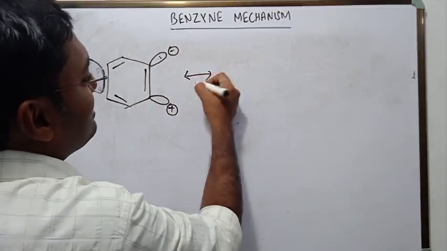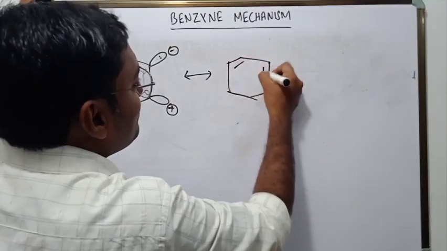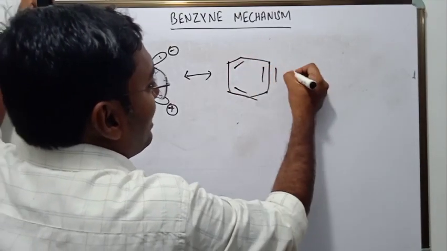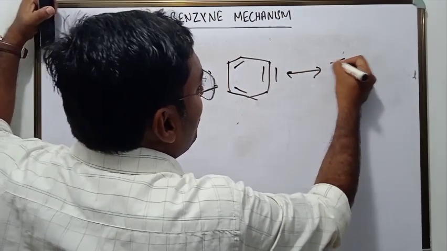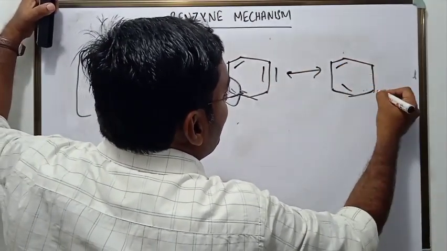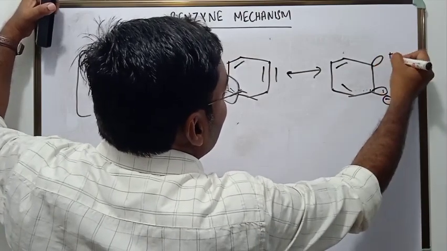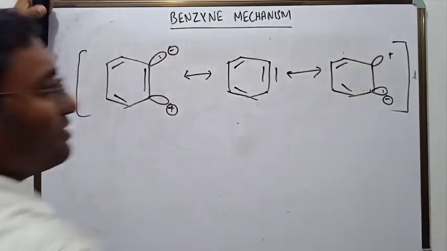And then a structure exists when actual overlap takes place. Right? And then again a structure exists where the lower lobe takes the pair of electrons. Now here the lower lobe takes the pair of electrons. This is a double bond here.